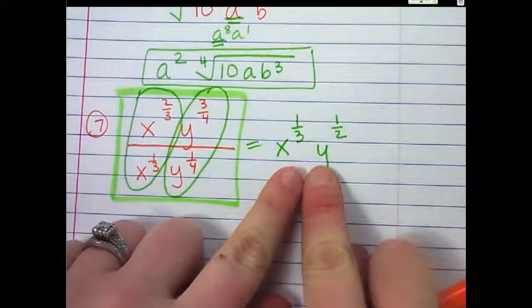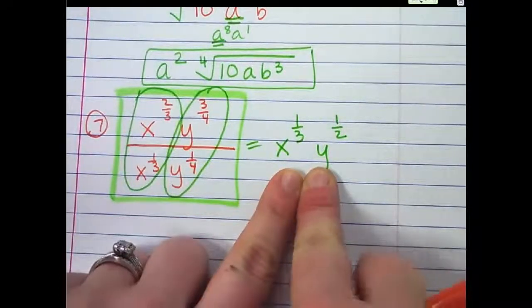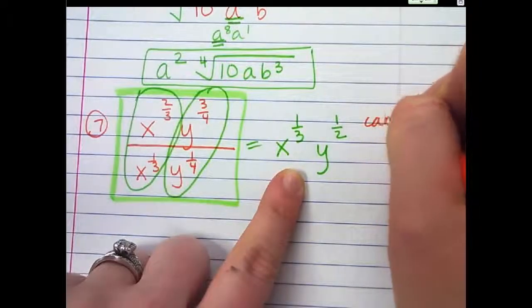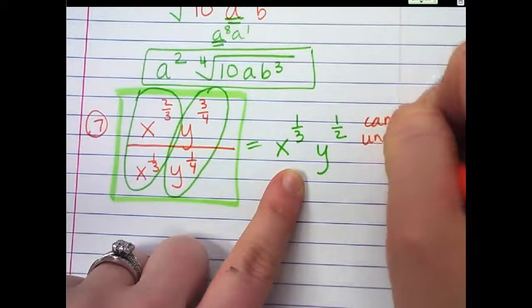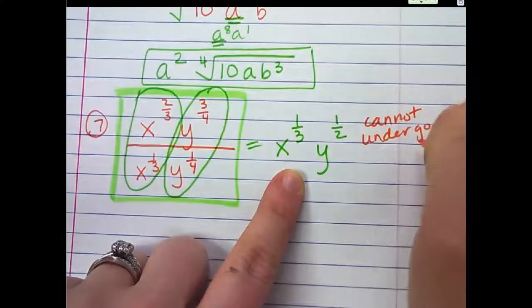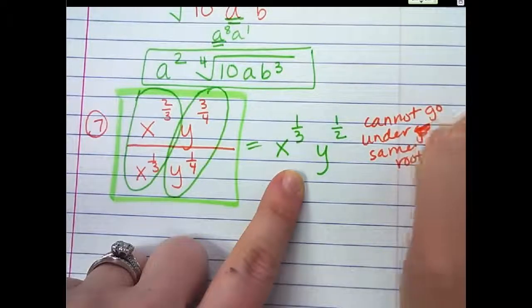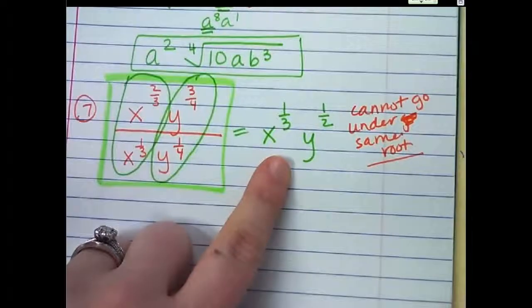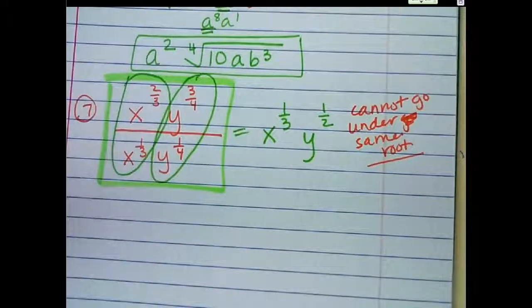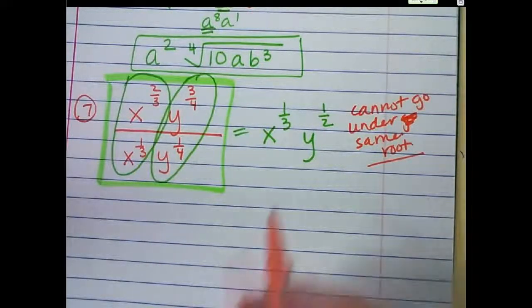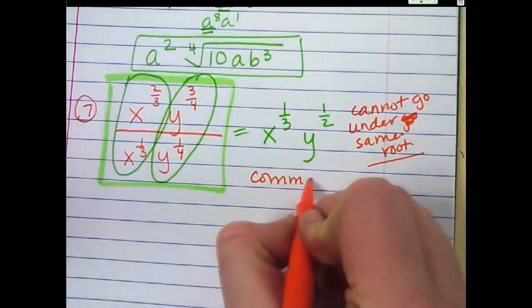Can these two things go under the same root? No. They cannot go under the same root. How could I make them the same? Common denominator.